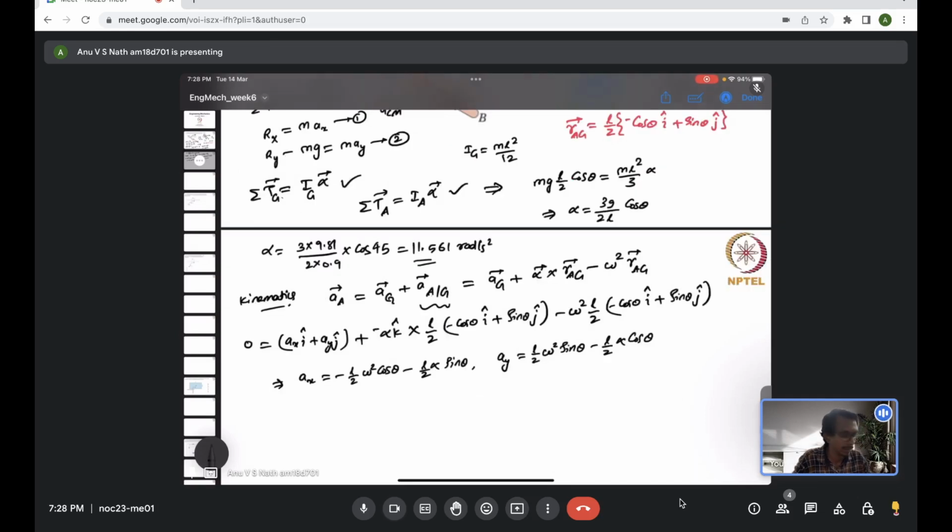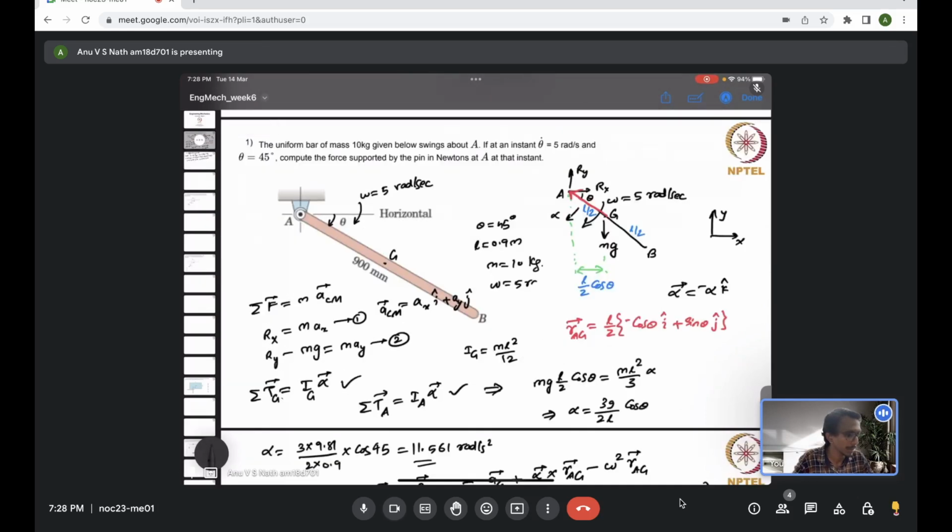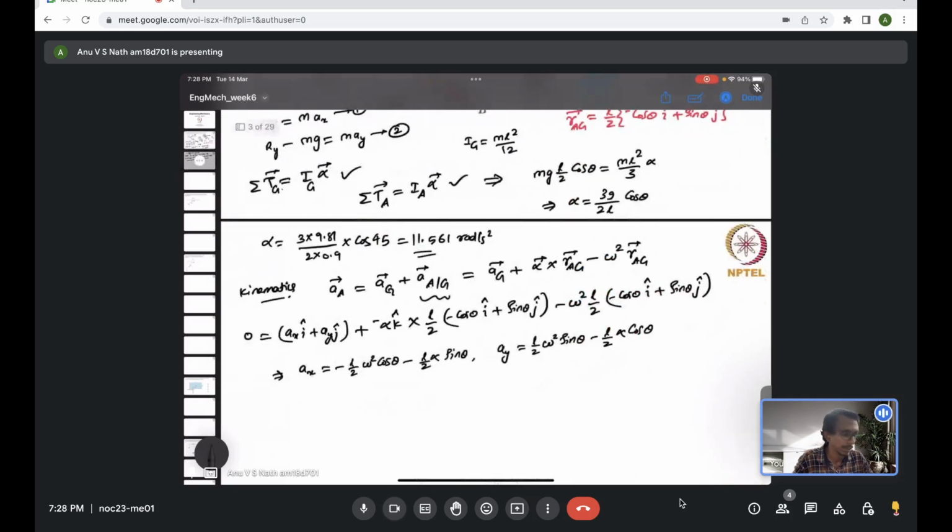So you can substitute the values of L by 2, omega and theta. Omega is 5 radian per second and alpha we just evaluated. So you can solve for ax and ay.